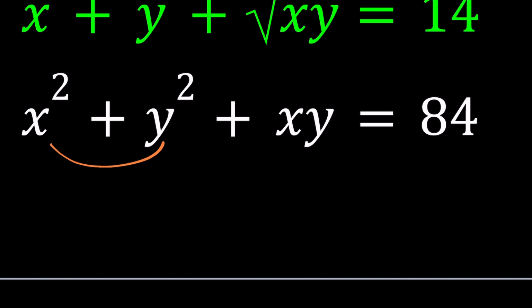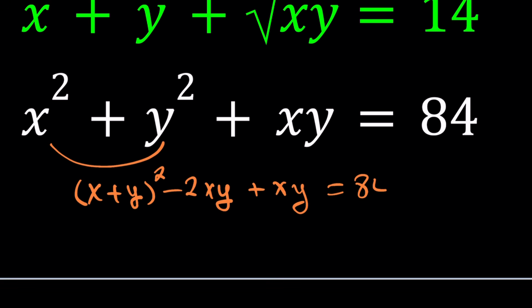So we can go ahead and write it as (x plus y) squared minus 2xy, you know that identity hopefully, plus xy equals 84. After simplifying, we get (x plus y) squared minus xy, because these two are like terms, equals 84.